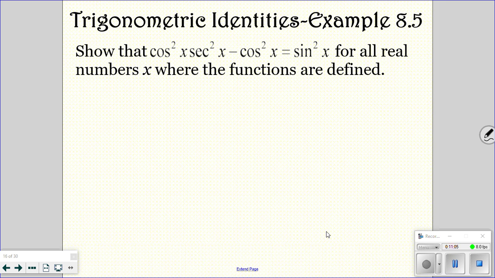For this one, we again want to show that they are equal. So we'll start with picking a side, and the left side is the one that requires the most simplification. So I'm going to start by making this secant squared into 1 over cosine squared.